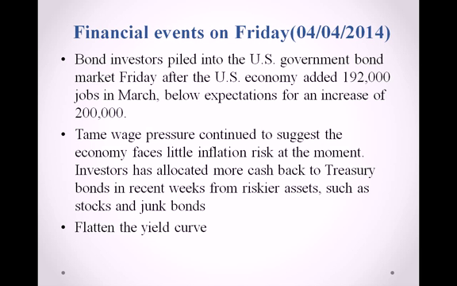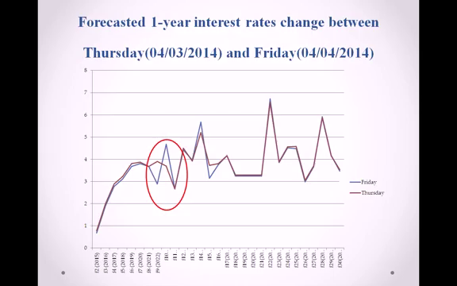Now we move to the forward 1-year interest rate change between Thursday and Friday. Because of the flattening of the yield curve, the blue line of Friday is a little lower than the red line of Thursday. But there is also some unusual point around F9 to F10.